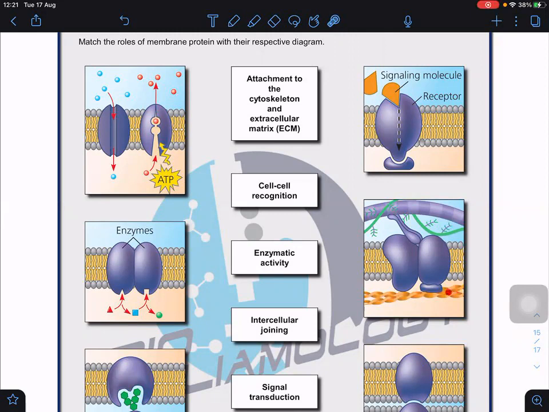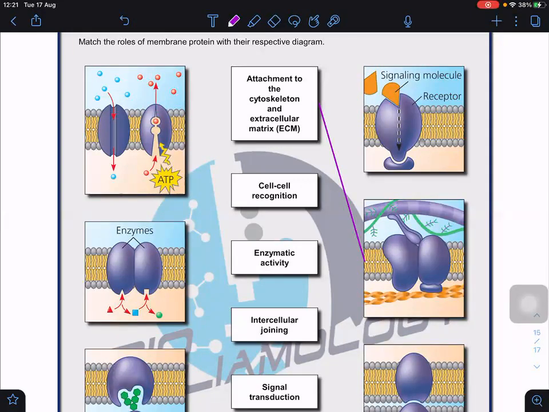This is the microfilaments, this is the extracellular matrix. They cannot interact with the cell membrane without the membrane protein. So the membrane protein interacts with both the extracellular matrix and the cytoskeleton.